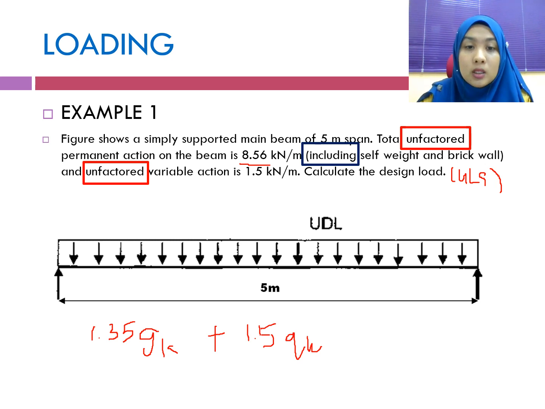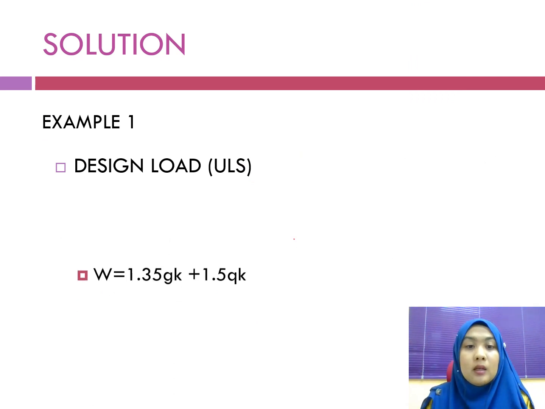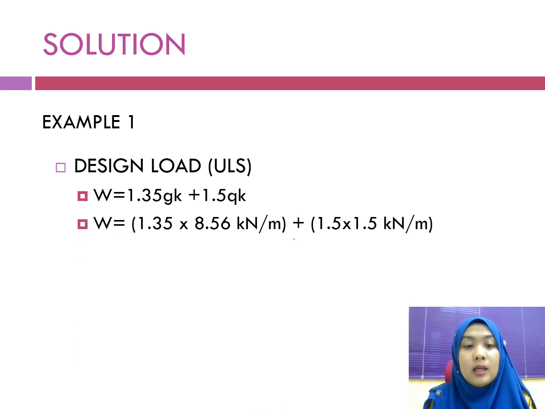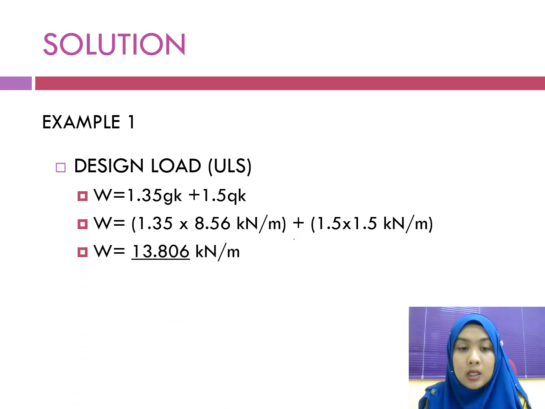You just substitute into the equation: GK equals 8.56 and QK equals 1.5. Okay, so we calculate the design load. W equals 1.35 GK plus 1.5 QK. Substituting into the equation, you get your design load at ultimate limit state equals 13.806 kN per meter. Okay, so I think you get up to here.